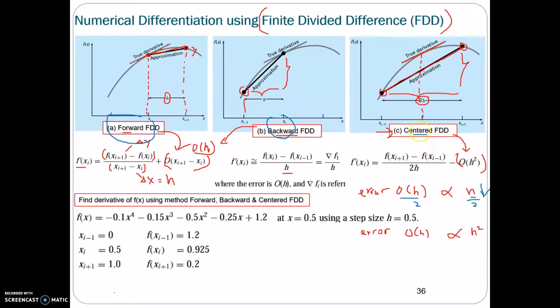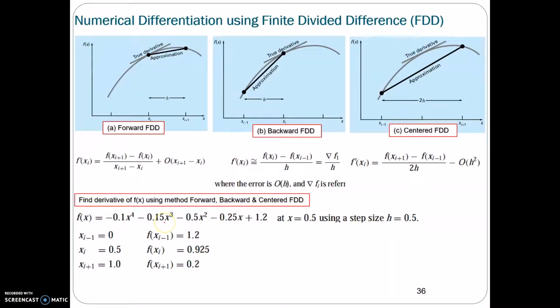On the other hand, for the center method, the error O(h squared) is proportional to h squared. Since you have a power of 2 here, you obtain h squared divided by 4, and the error will be reduced by 4 times. For the same reduction rate of the step size, the error for the O(h squared) reduces faster than the O(h). Therefore, the center method with O(h squared) can give us a more accurate result.